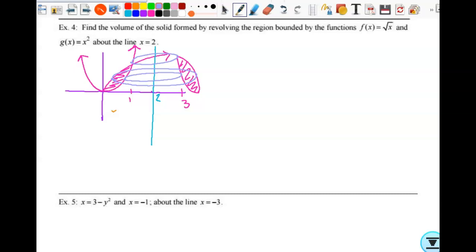Since it's about the line x equals 2, that means this is going to be a dy situation. So I have y equals the square root of x. I need to square both sides, so I get x equals y squared. That's what this one is.